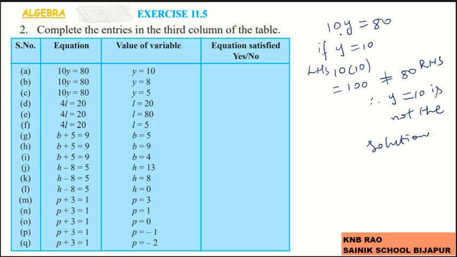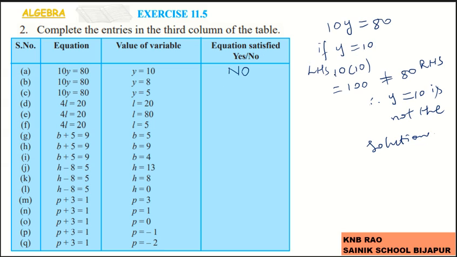So, this is how we check, but we are not asked to do all this work. Instead, we are asked to do it in the background, but answer with the word yes or no, whether that equation gets satisfied by this variable value y as 10 or not? So I have to say it is no.